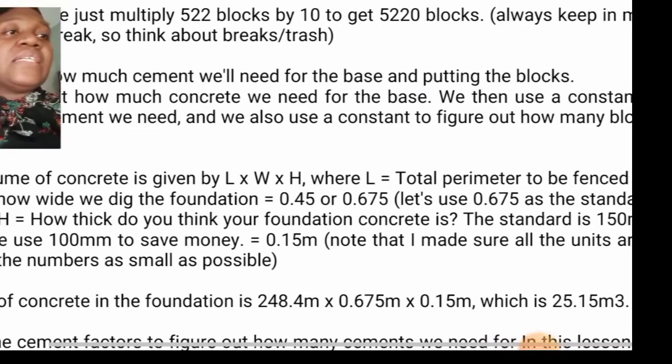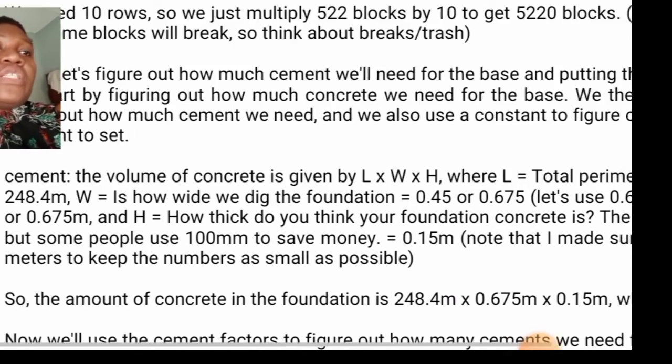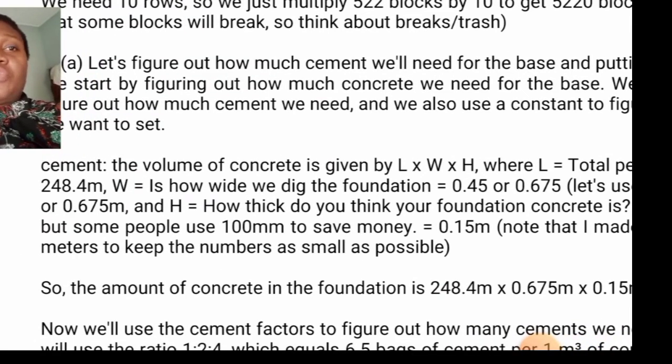The standard is 150 mm. I've always been saying this, but some people use 100 mm to save money. It's better you use 150, which is 0.15 m. Note that I made sure all the units are in meters to keep the numbers as small as possible.